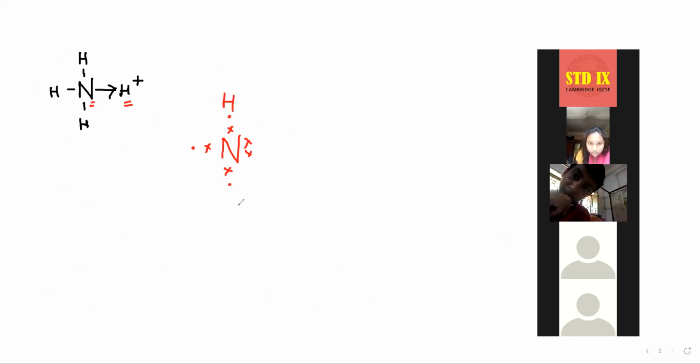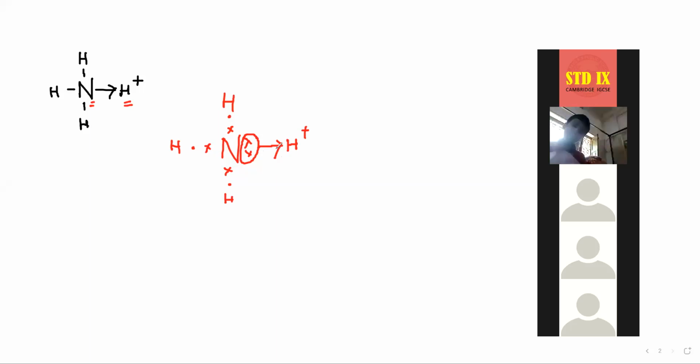These are the bonded pairs, and here was the lone pair. When H plus came, this lone pair was directed towards the H plus. So the arrow clearly shows you the lone pairs are directed from which direction to which direction.